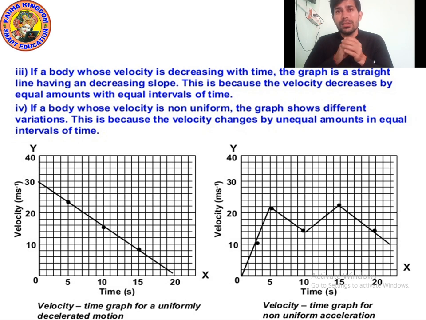Again after 5 seconds it increases and goes more than 20, then again decreases and comes to 15. So the time intervals are equal, but the velocity change is unequal, which means velocity is changing again and again. When the velocity changes, acceleration is produced. So this is the graph for non-uniform acceleration.